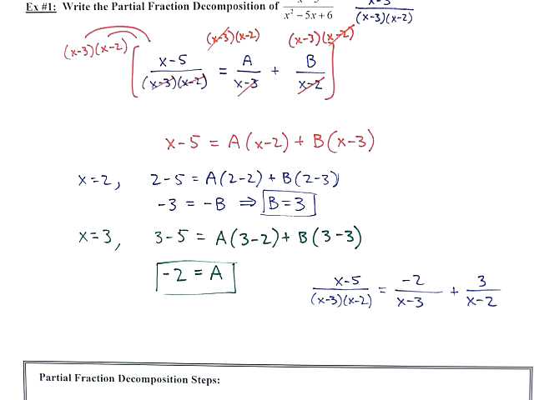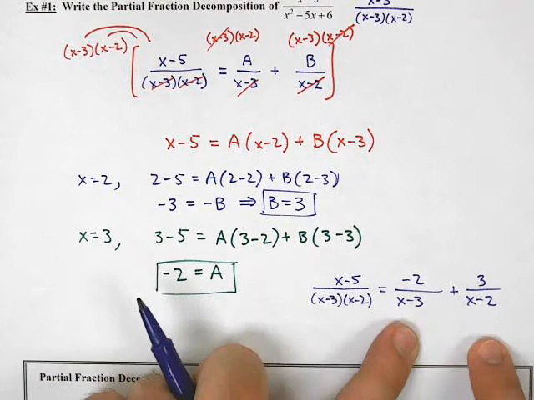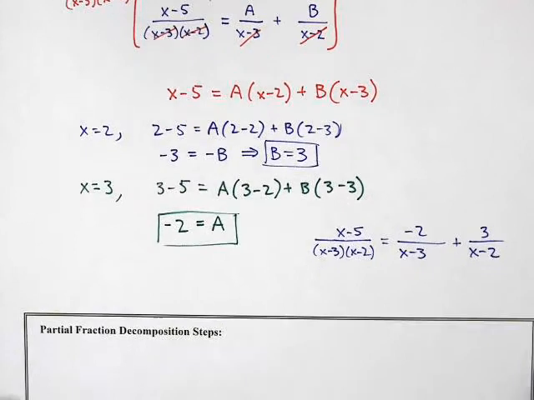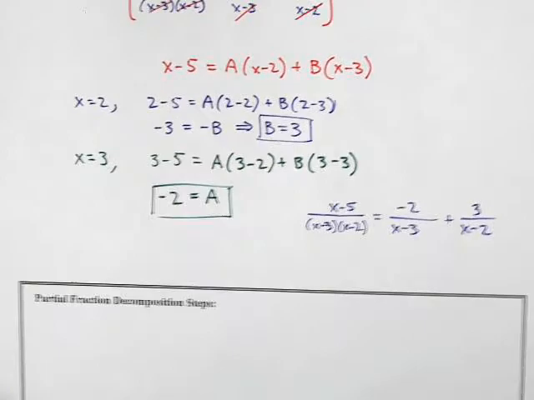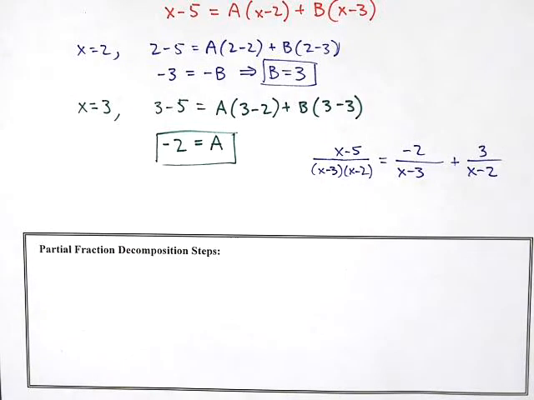And we have now successfully gone from a composed fraction to a decomposed fraction. Again, we are going to outline these steps, and then we are going to try a few more that are a little bit different, and then we'll have you guys practice.